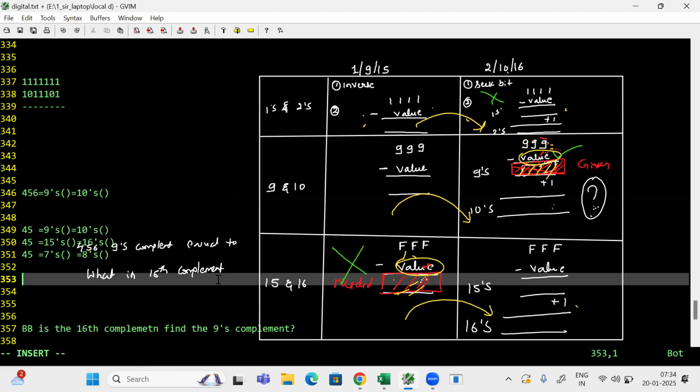You know this. If this table you write properly, without this table you cannot do anything.